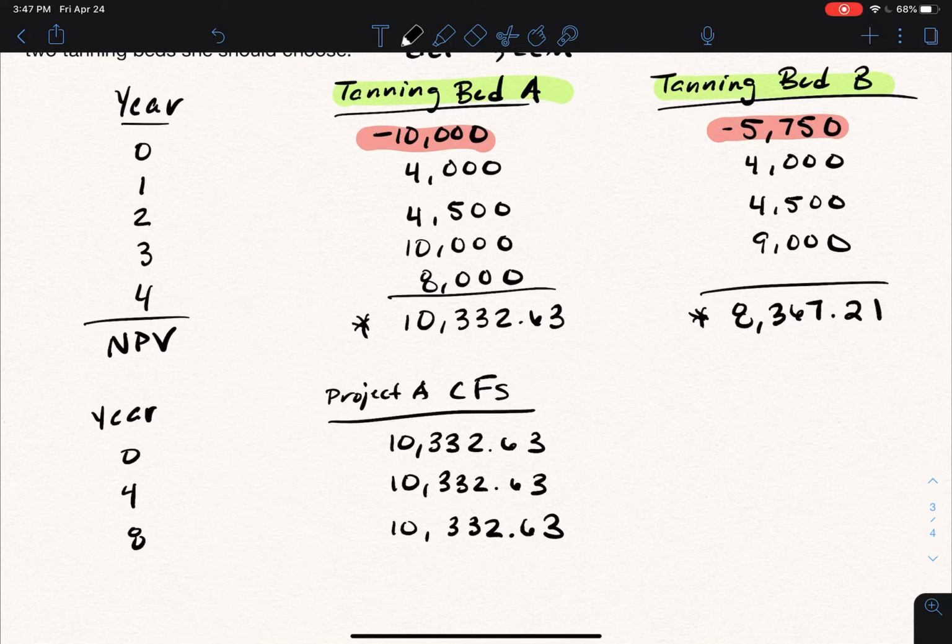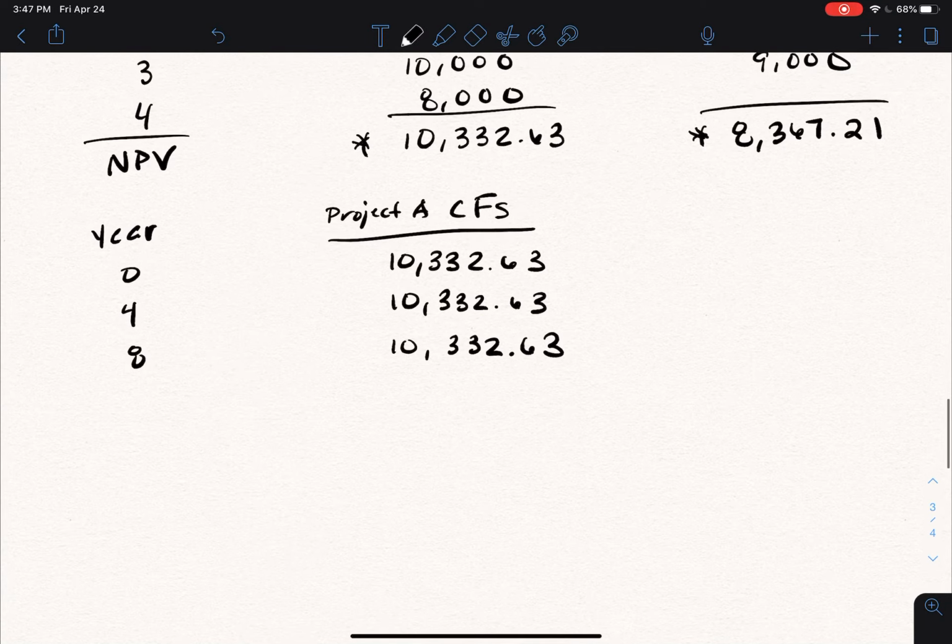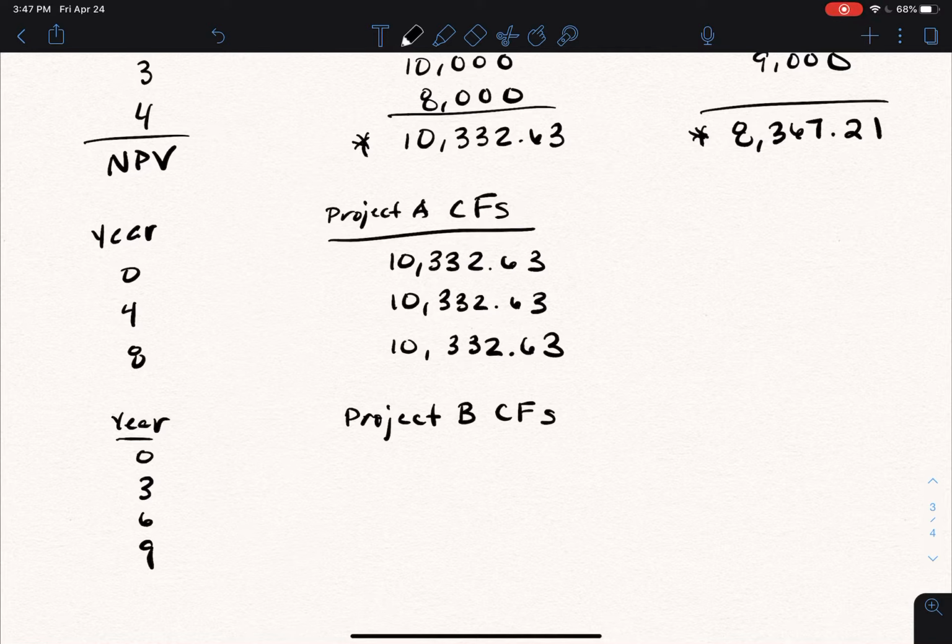And then if we are looking at the second one, project B, the years for that one are 0, 3, 6, and 9, right? And then project B cash flows. Okay, so far so good. And those are going to be 8,367.21 4 times.